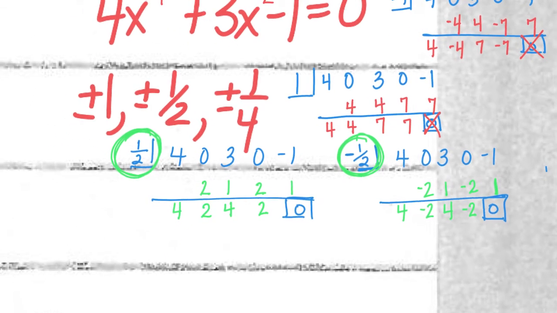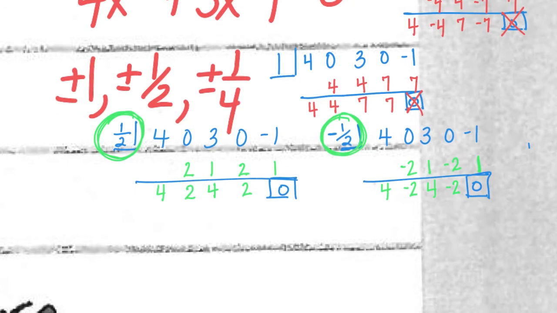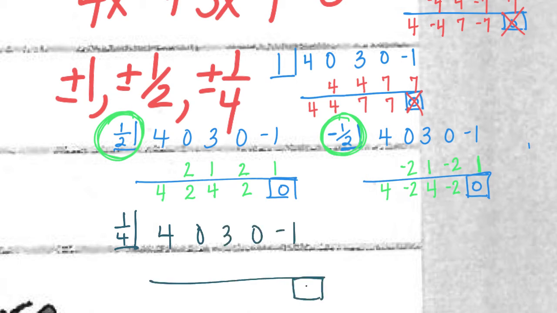So let's keep checking. I have a few more to check. I just have 1/4. I know this is tedious, isn't it? I have 1/4 and negative 1/4 to check. 4, 0, 3, 0, negative 1. Drop it. Multiply. Add down. Multiply. Well, that's ugly, isn't it? Don't you love when they give us ugly? 3 1/4.